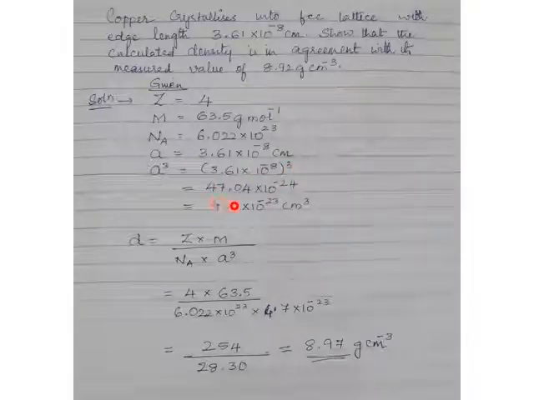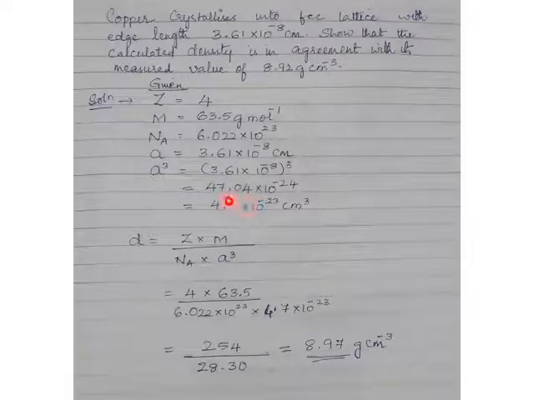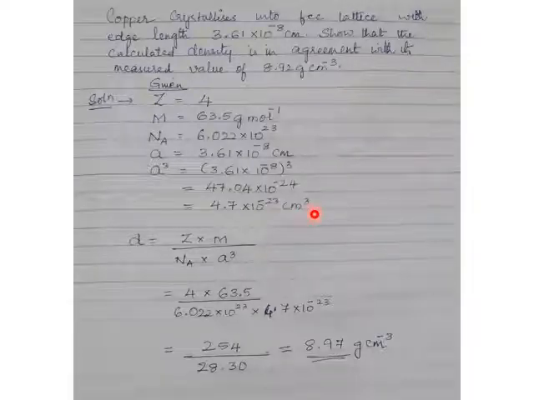You will get the answer as 47.04, and you can shift the decimal to the left side so that power becomes 10 raised to minus 23 centimeter cube. Write down the formula of density, substitute all the values, you will get the answer as 8.97 gram per cm cube.